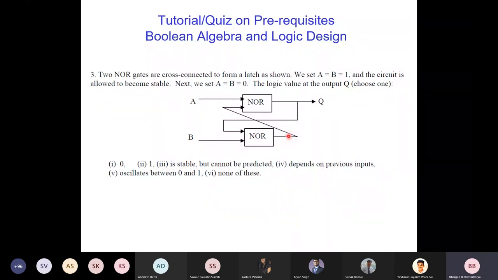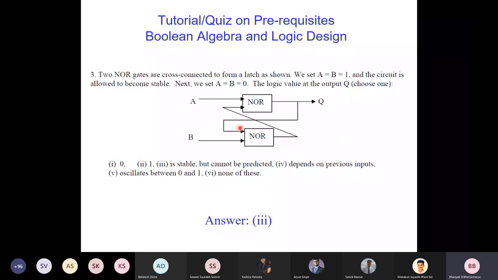So please go through this simple circuit, verify it and convince yourself. The answer would be 3. It is stable but cannot be predicted, and that happens because there may be an infinitesimal delay in the arrival of these signals. In real life, they cannot be exactly synchronous.